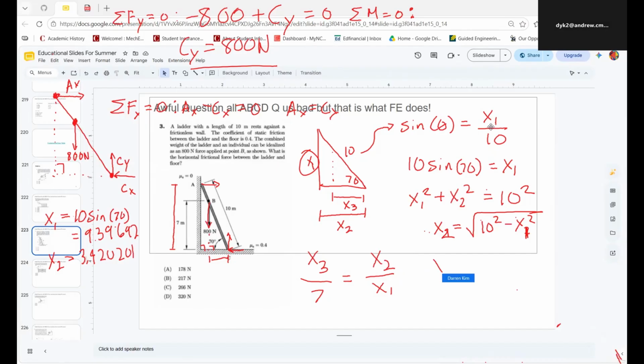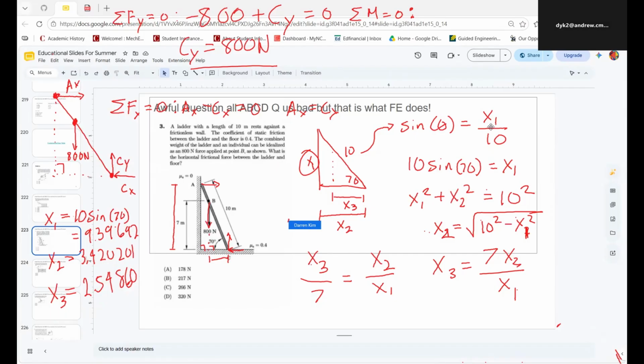So x3 equals 7 times x2 over x1, which is 7 multiplied by 3.42021 divided by 9.39692. That gives 2.5, which makes sense; if it was bigger than this, it wouldn't make any sense. So x3 is 2.54860.